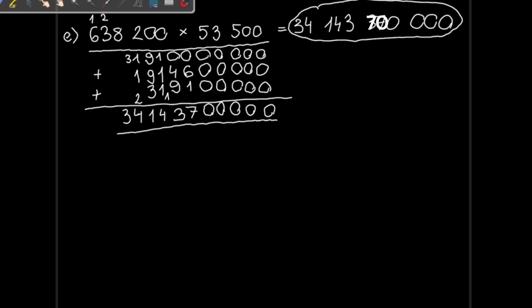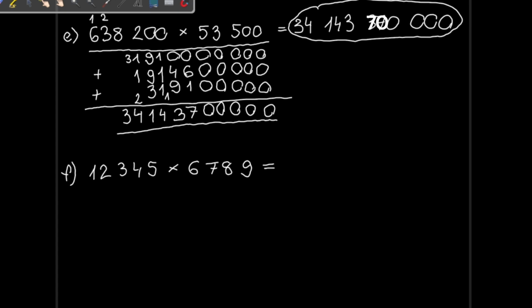And the final example of the column multiplication, example F. This one will be, once again, interesting. We have 1, 2, 3, 4, 5 times 6, 7, 8, 9.